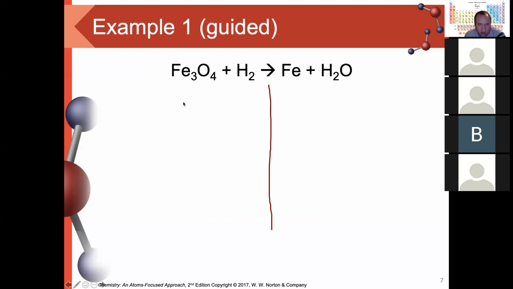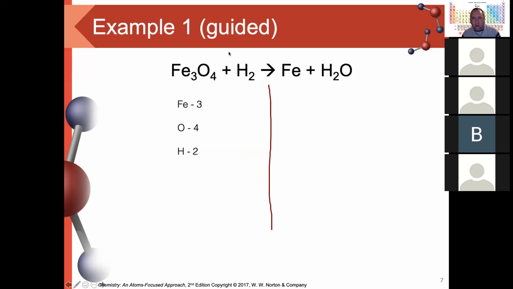And on the reactant side, I can see that I have 3 irons, 4 oxygens, and 2 hydrogens.